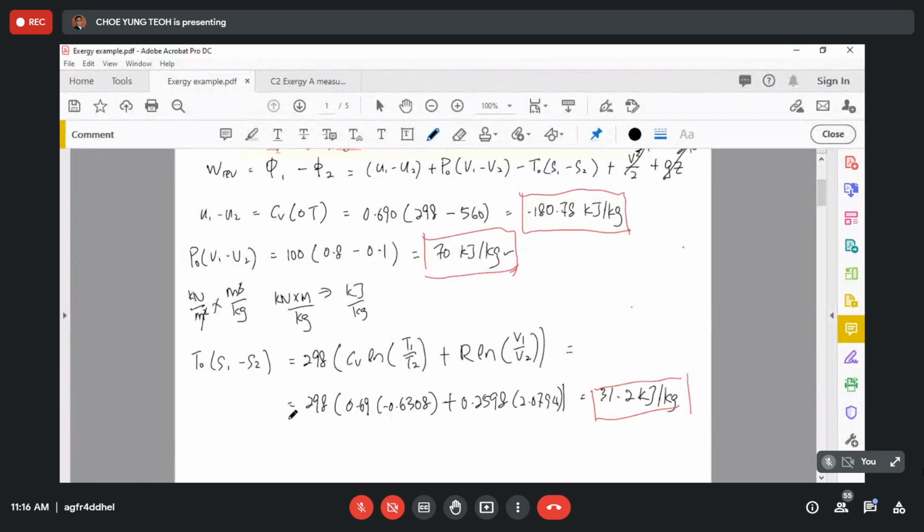And now I can combine all together. So reversible work equal to negative 180.78 plus 70 minus 31.2.